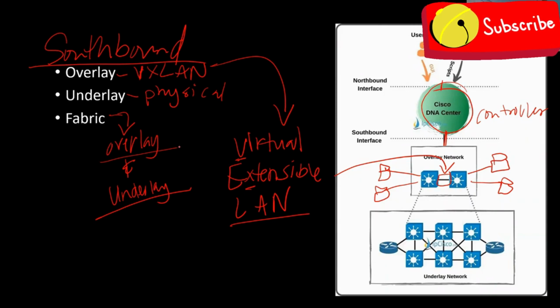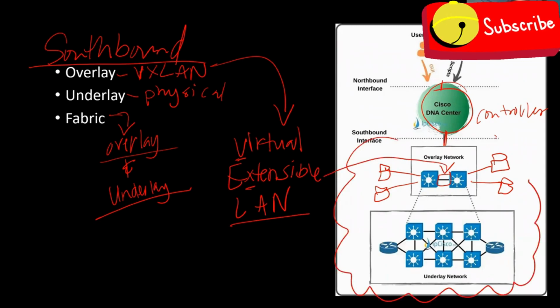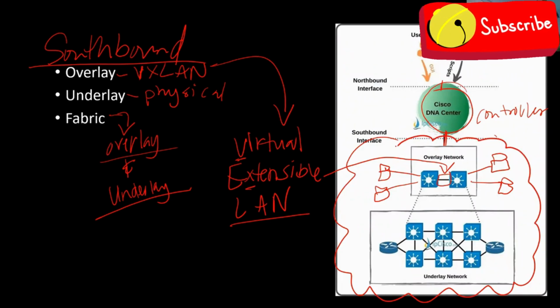It's just a complete solution of this virtual and physical network. Okay, so let me erase that a little bit. So this is considered our fabric, right? That whole thing is the fabric, which contains our overlay and our underlay.